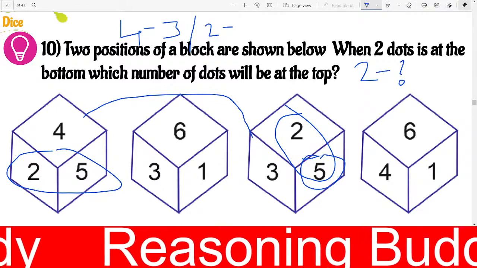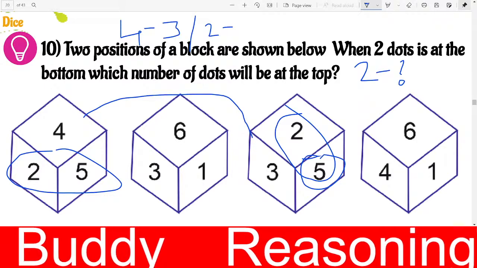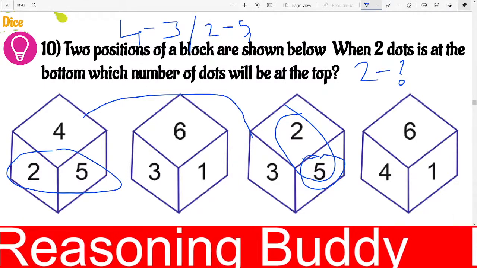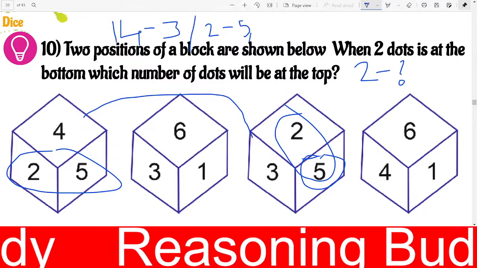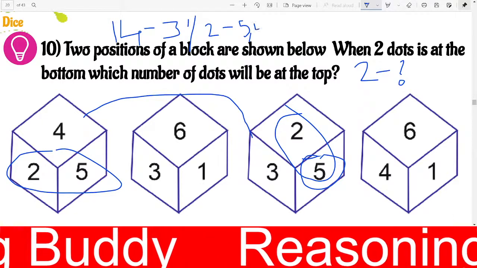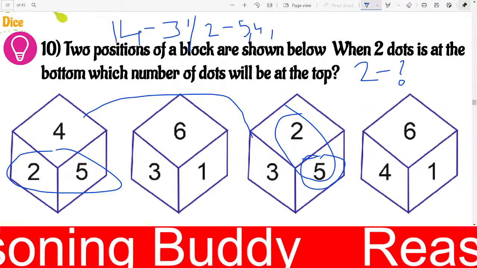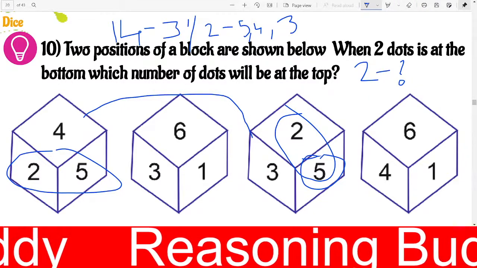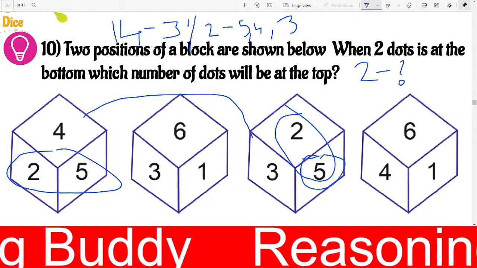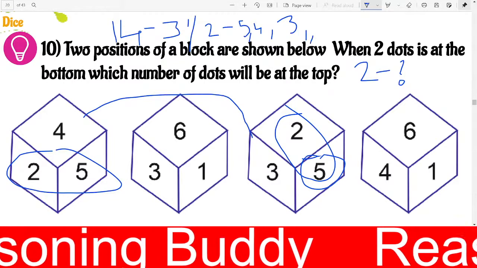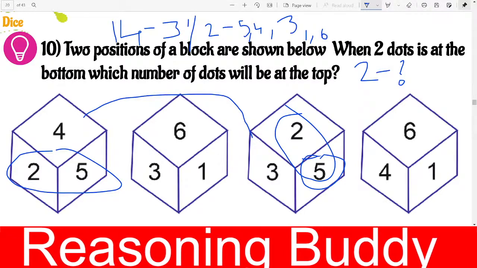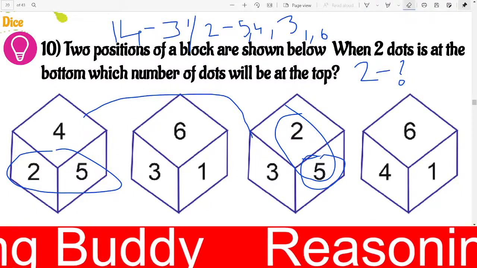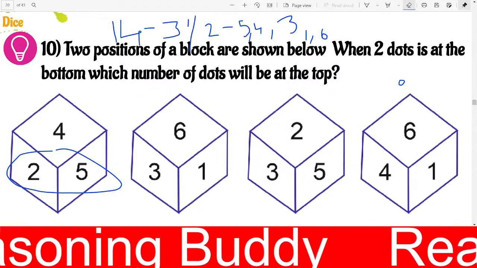So 5 is adjacent, so it is not opposite. Here 4 and 3 are a pair, so that's why 4 and 3 are also opposite. So I am writing here 4, 3. So the possibilities are 1 and 6. So clearly understand, 1 and 6 are the possibilities.